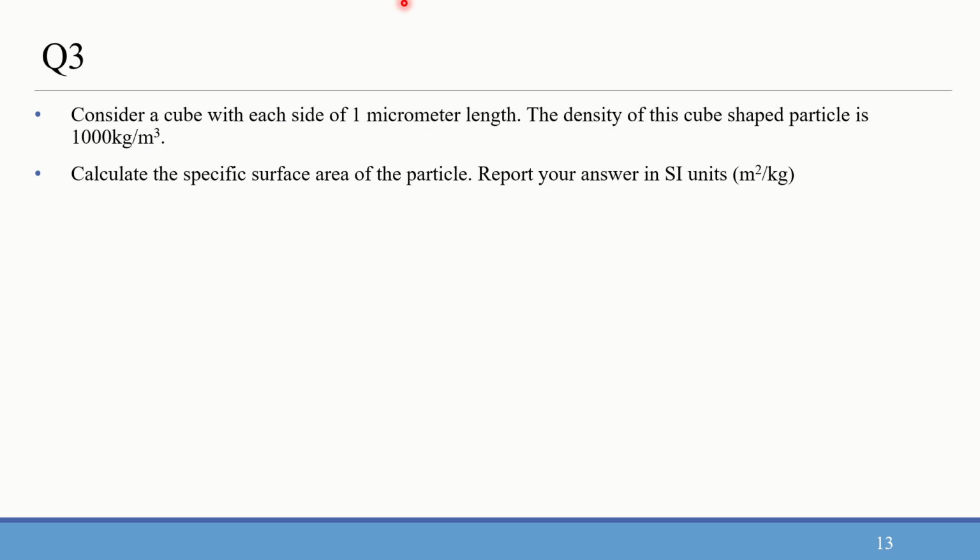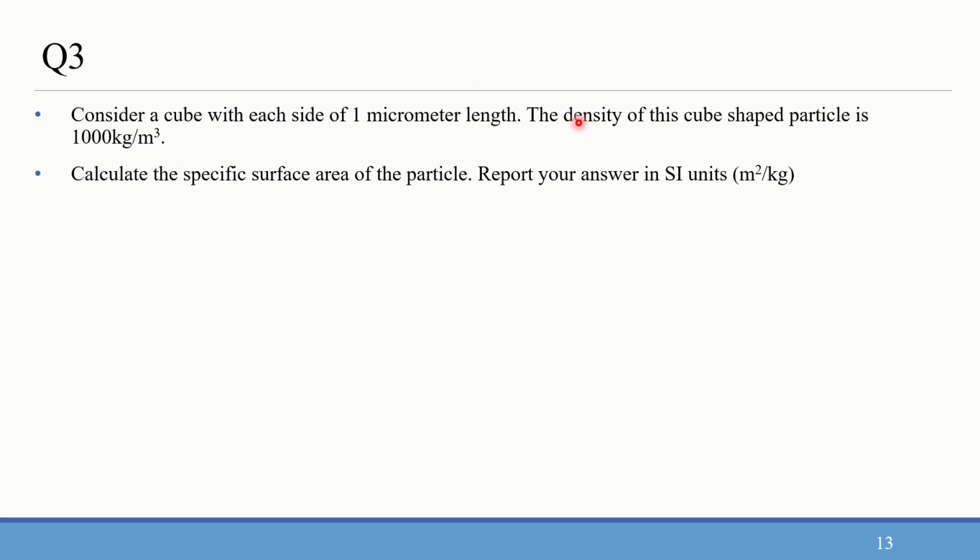So for this particular cube, which has a dimension of 1 micrometer and density of 1000 kg per meter cube, we need to calculate its surface area and we need to calculate its mass. Mass we can calculate from the density.